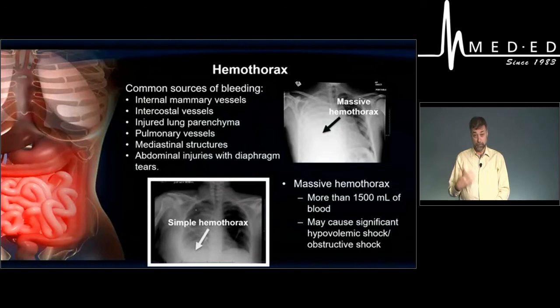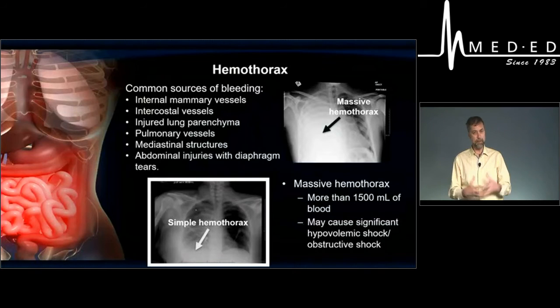Now, if a large vein or an artery is torn, then the bleeding can be significant enough to lead to secondary complications and require a chest tube. A massive hemothorax, which is going to be related to an arterial bleed, is defined as more than 1,500 mLs of blood in the pleural space.